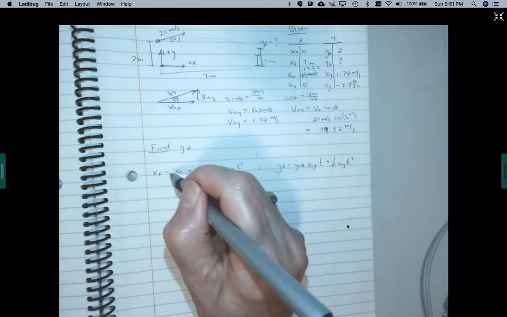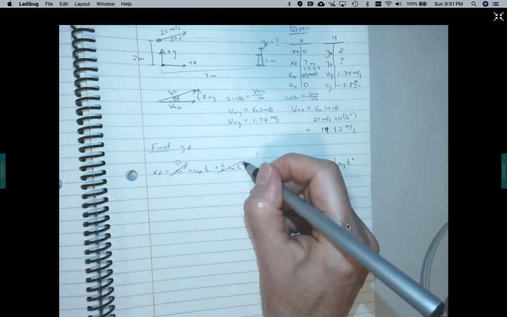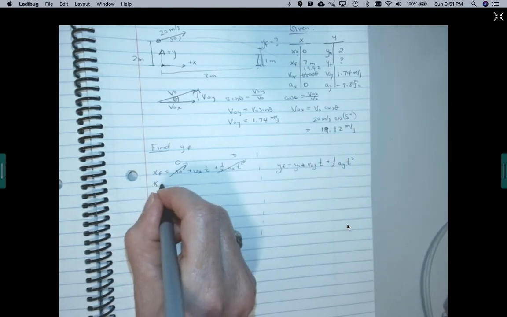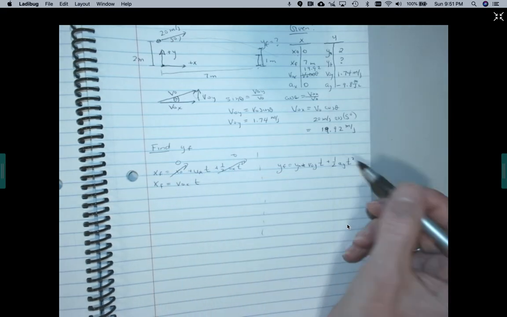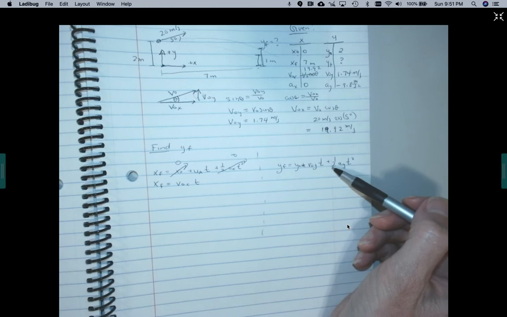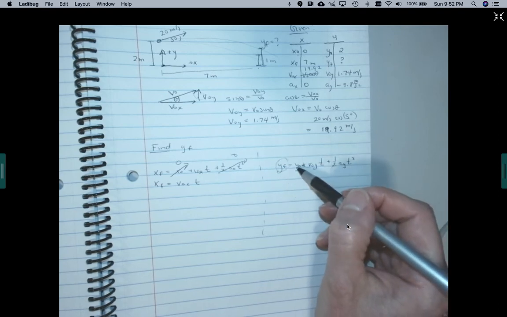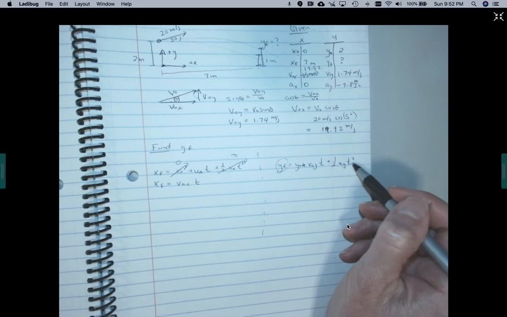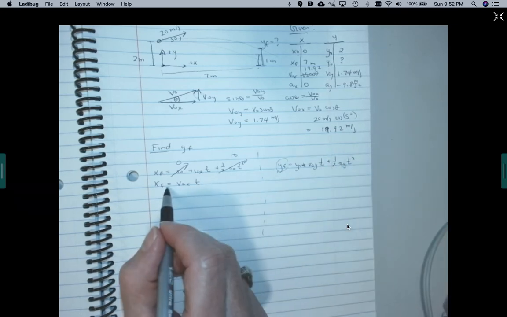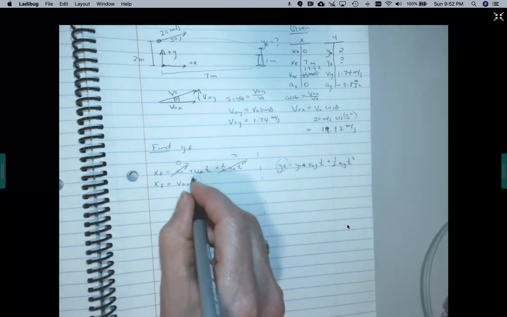X initial is 0, that goes away. Ax is 0, so that goes away. So x final is v0x times t. In the y direction, pretty much nothing is 0. This is what we want to find. We know y0, v0y, and ay, but we don't know t. So we're going to use our x equation, because we know v0x and x final, and we can solve for t.